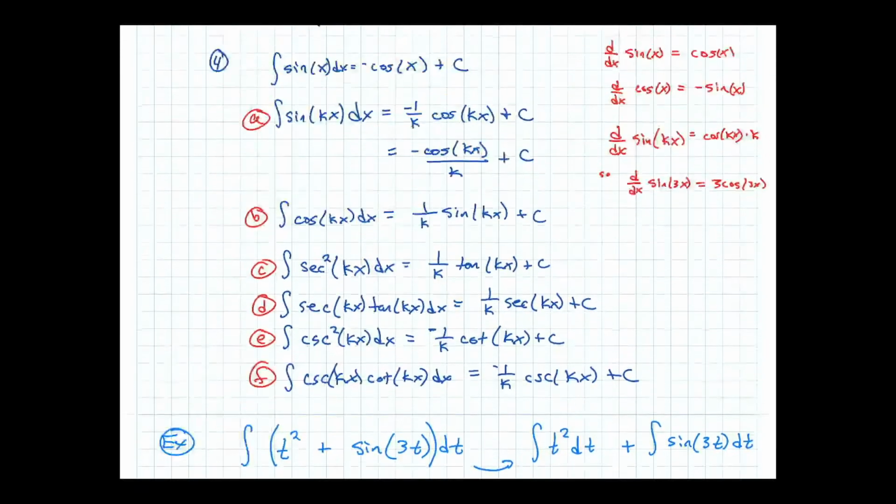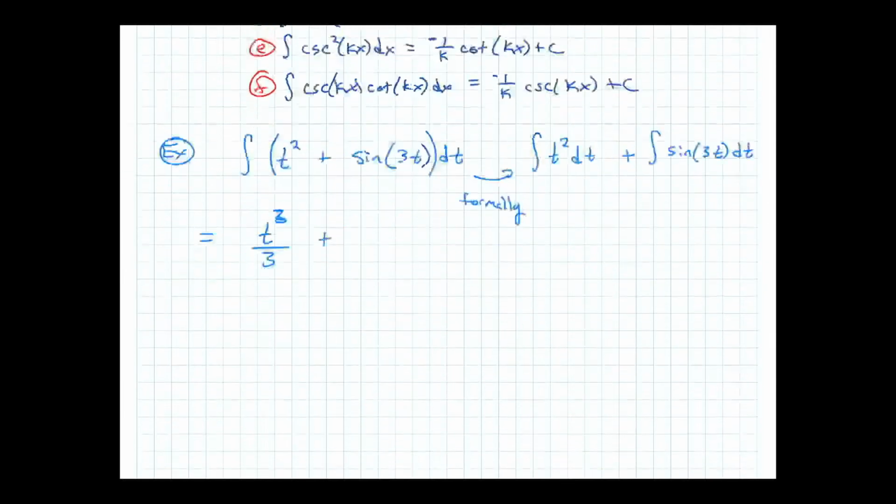Well, that is one just like this. So we know that it's going to be negative 1 over k cosine kx. The k is the 3. We're going to have an extra negative sign because sine to cosine is going to give us a negative.